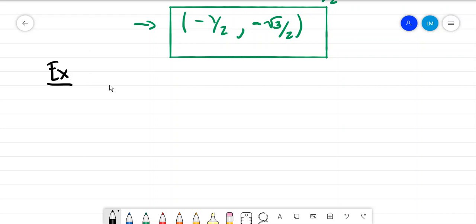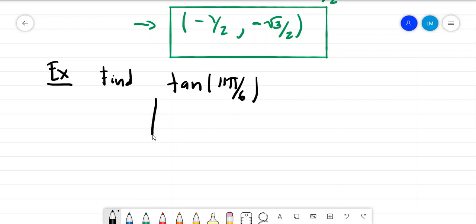Let's say that, for example, you want to find tangent of 11 pi over 6. Now I'm going to draw this in a way that I don't need to draw the circle necessarily.